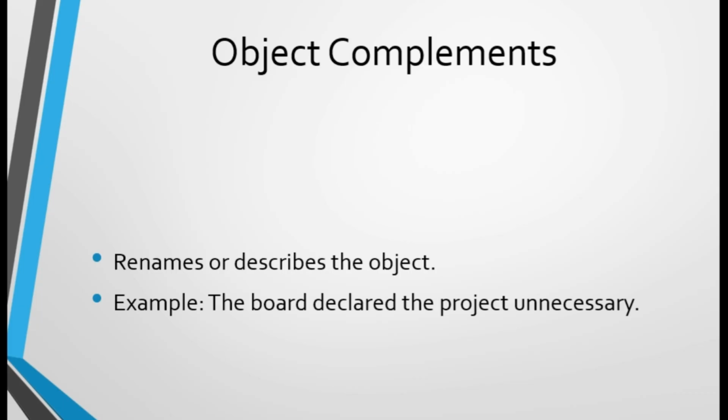The adjective you can see here, unnecessary, is modifying or describing project. The project is the thing that is unnecessary. That's why it's being described by the word unnecessary. So here it's functioning as the object complement. It completes the meaning of the sentence and gives more details about the object.